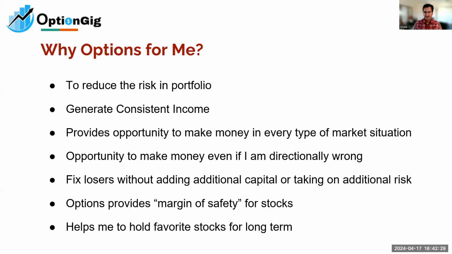In the last 8 years, I've survived 3 bear markets: December 2018, then 2020, the 35% crash in the S&P 500, and then the whole bear market of 2022. I didn't liquidate my portfolio. It helps me to stay and hold my favorite stocks for as long as I want to.